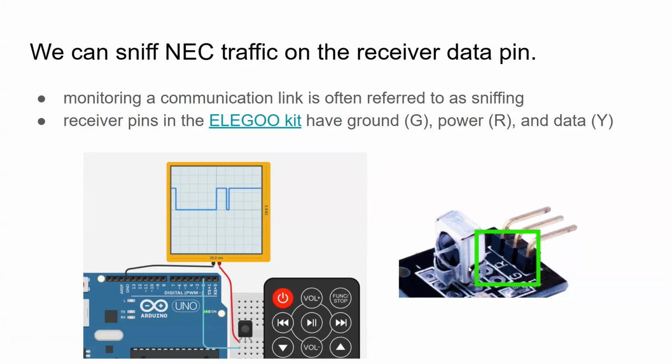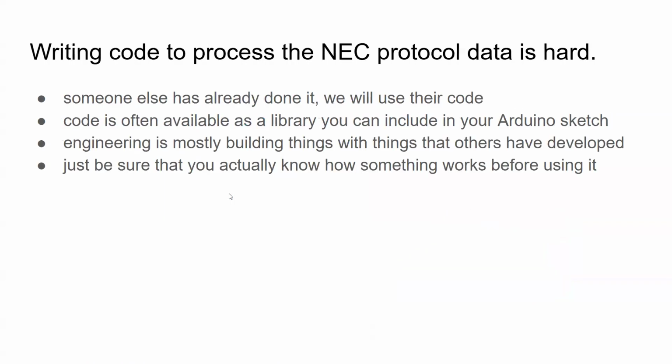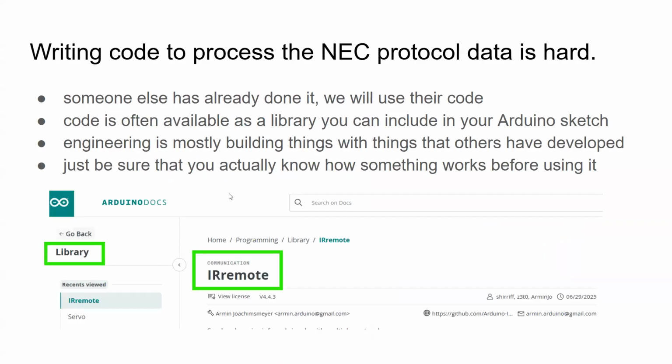So the output of this receiver module should be a digital signal, high and low. And I will say that writing code to process this NEC protocol data is hard. We're not going to do that. We're going to use someone else's code. Fortunately, someone has written code that processes this protocol.